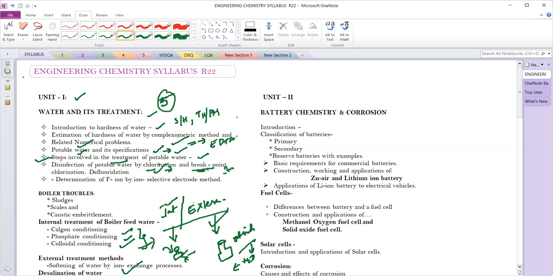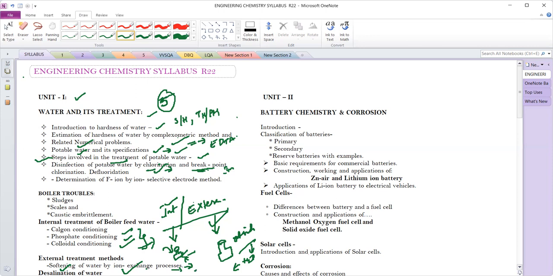In that, the ion exchange process is one of the methods, that is, making the water soft by the ion exchange process. There is a small important point related to this.